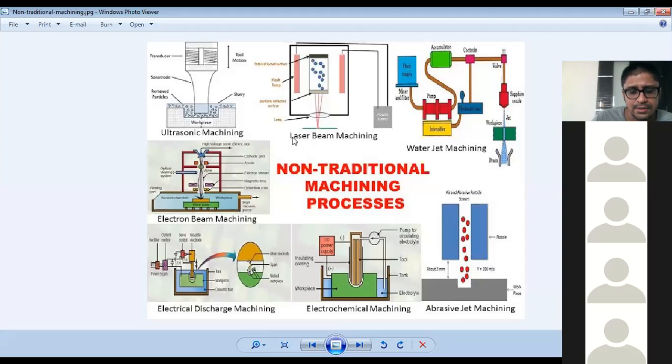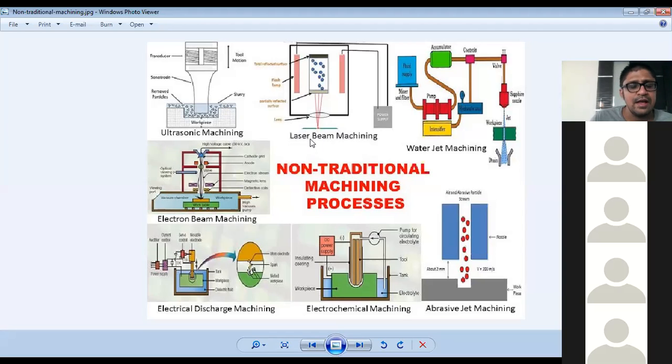Otherwise, laser beam machining is recommended by all the industries. If you look at European machining industries, I think they have replaced all conventional CNC machines with laser beam CNC machining, because laser can do everything. You can make a print, you can make embossing, you can cut anything.